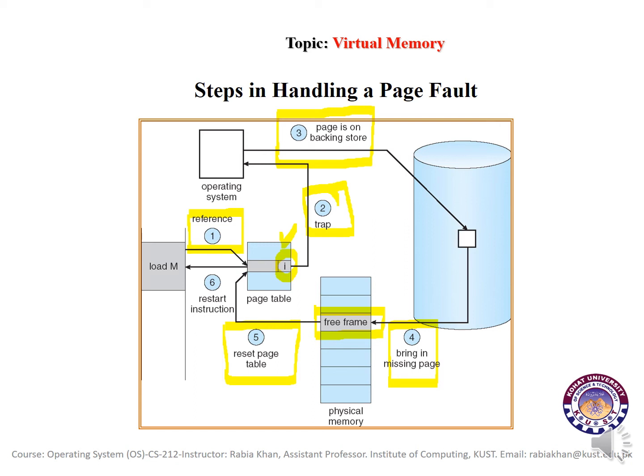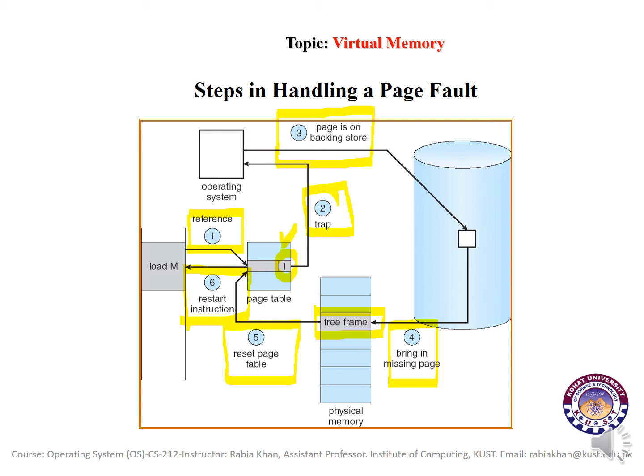So after resetting the page table entry for that incoming page, in step 6 you can see the process that referenced this new page gets restarted, or the specific instruction within the page that has requested this new page gets restarted.